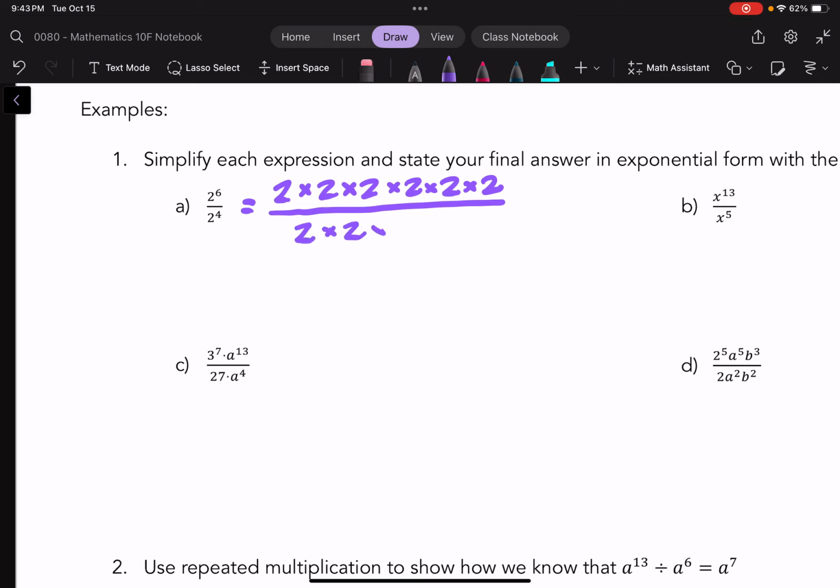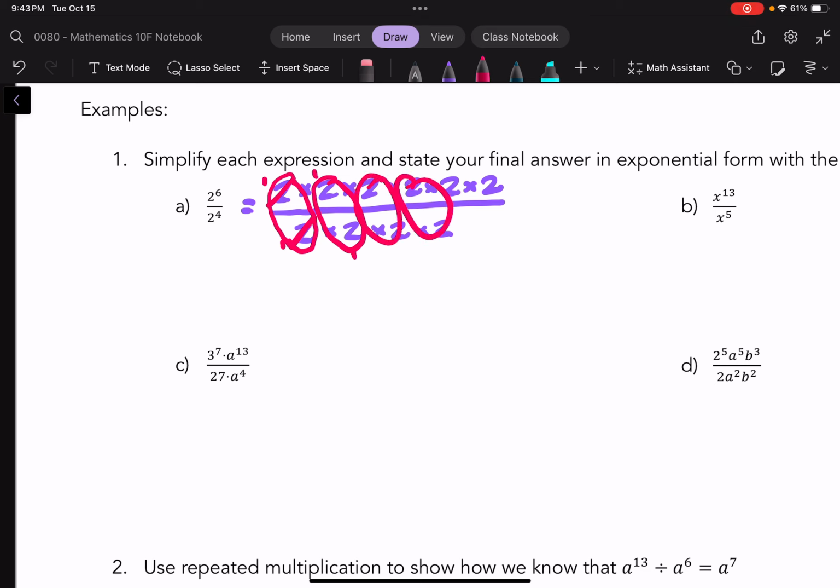So 2 times 2 times 2 times 2. Now this is why we can always backtrack and always rely on repeated multiplication to help us. Because just like any fraction, if I have a numerator that is identical to a denominator, so in this case, a 2 at the top and a 2 at the bottom, I can reduce this fraction to be equal to 1. And I could do the same thing with the next pair of 2's.